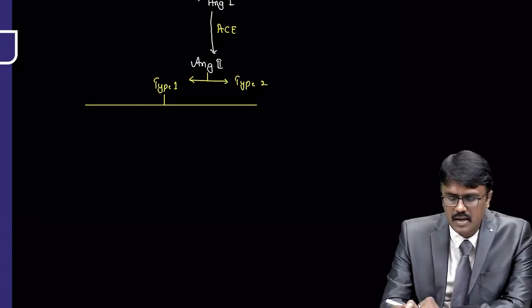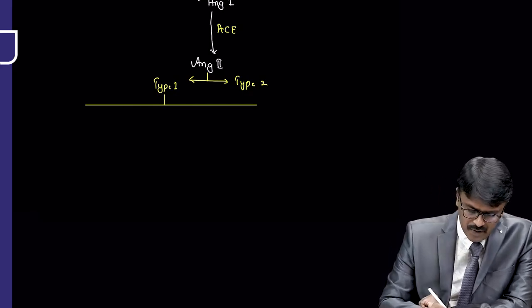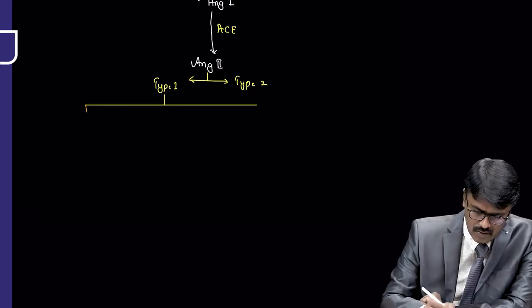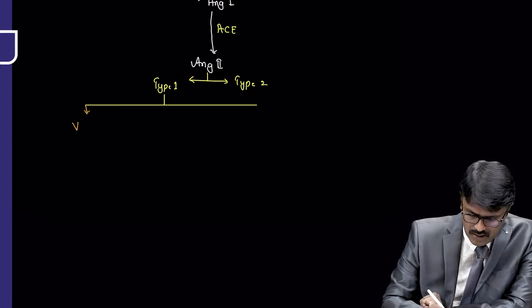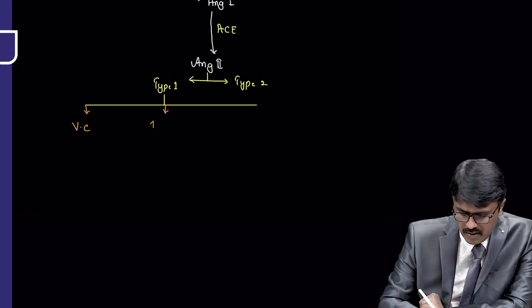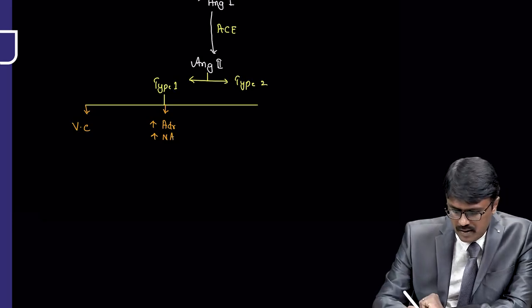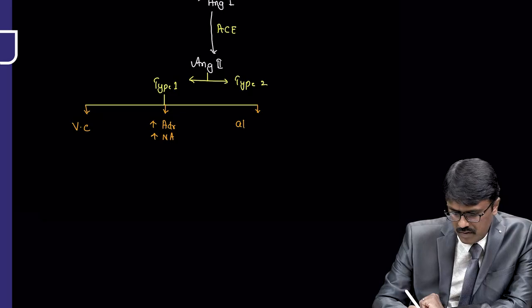Now read the name angiotensin. Angio means blood vessel, tensin means constrict. So angiotensin can cause vasoconstriction. Second important thing is it can increase adrenaline and noradrenaline. Number 3, it can also increase the activity of aldosterone.